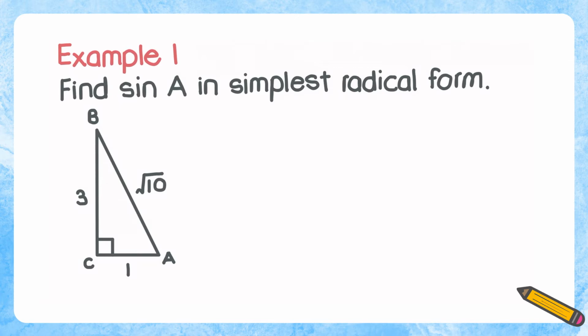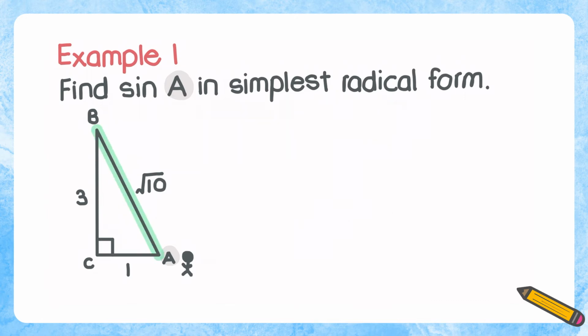For our first example, we're going to find sine of angle A in simplest radical form. So as usual, we're going to start off by identifying the 3 different sides. We're going to be standing at angle A. So remember, for trig ratios, it depends on which angle you're standing at. So let's identify the different sides.